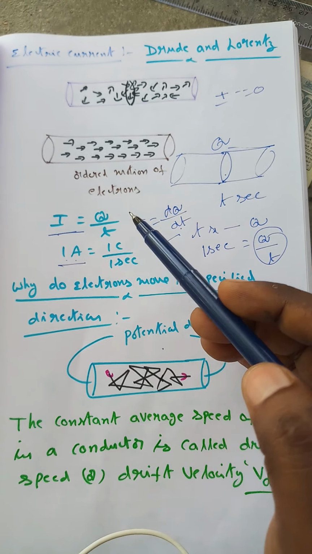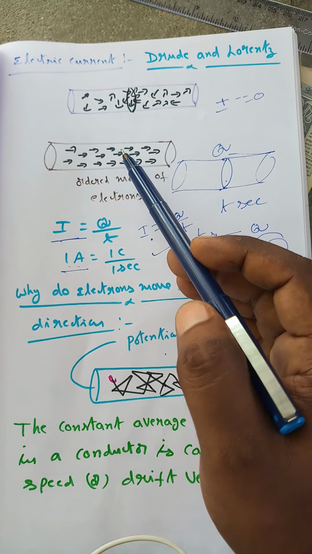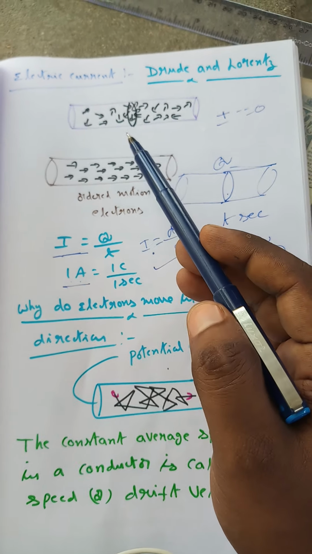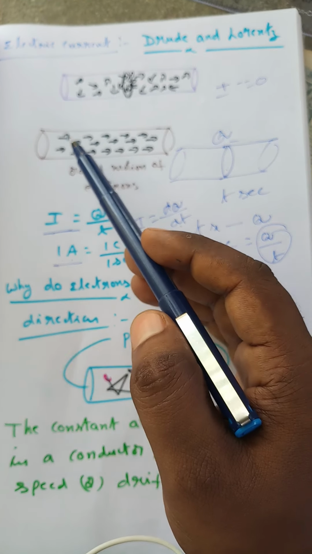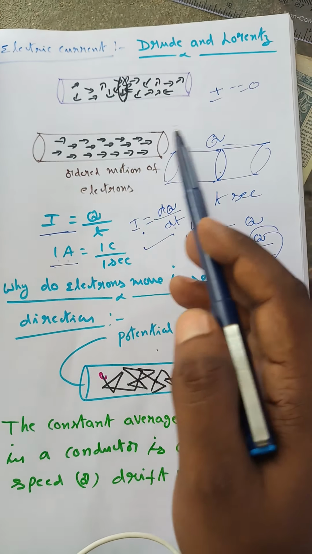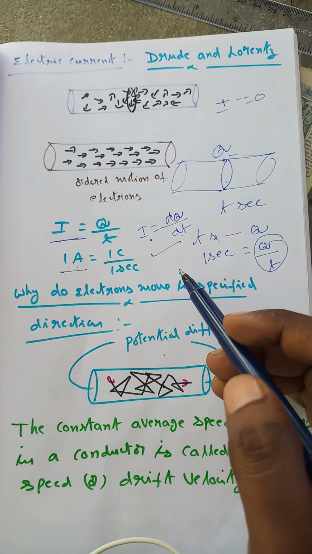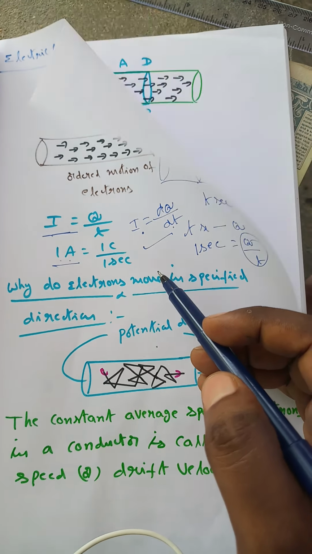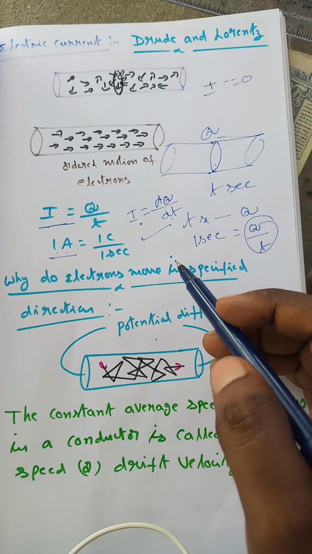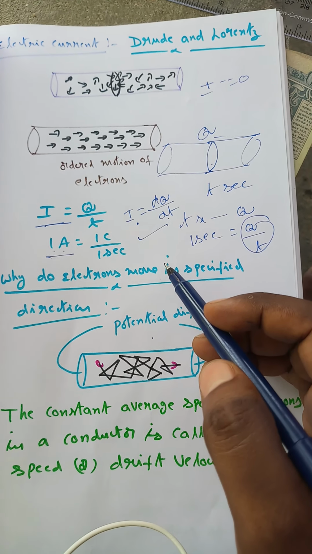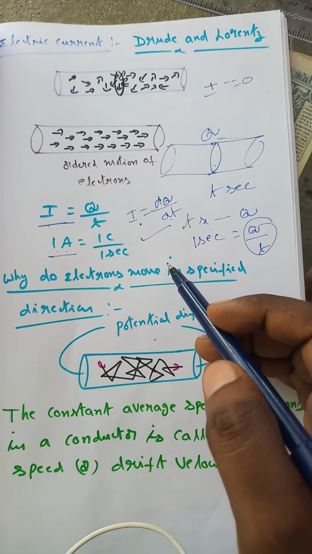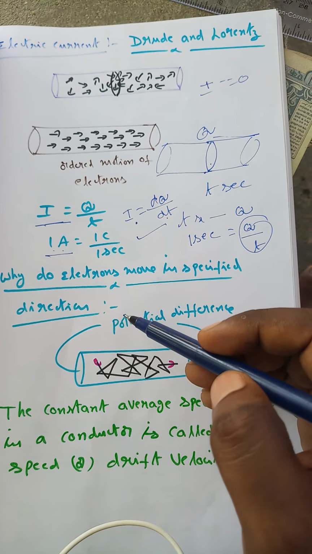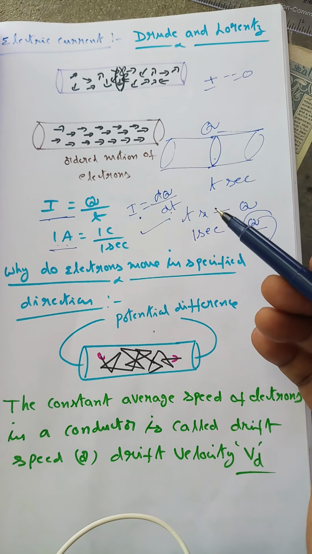That means when two ends of a conductor are connected to a battery, that source sets up an electric field along the conductor, and that electric field forces the electrons to move in a particular direction. So because of that, the electrons move in one specified direction when a conductor is connected to the power source.